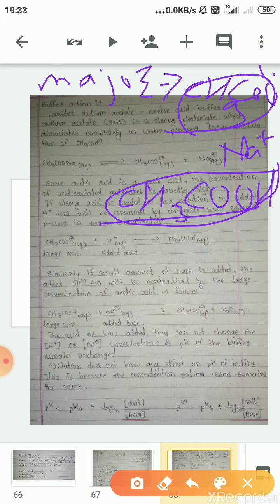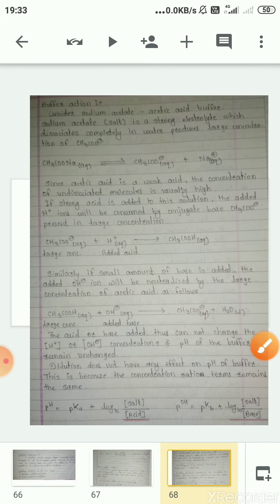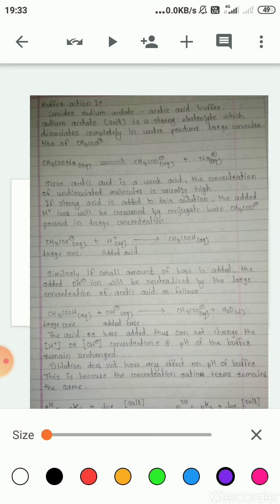Now see, if we add a little amount of strong acid to the solution, an acid contains which ions? H plus ions. That means we can write the reaction here. If we add a strong acid to this solution, what does that acid produce?